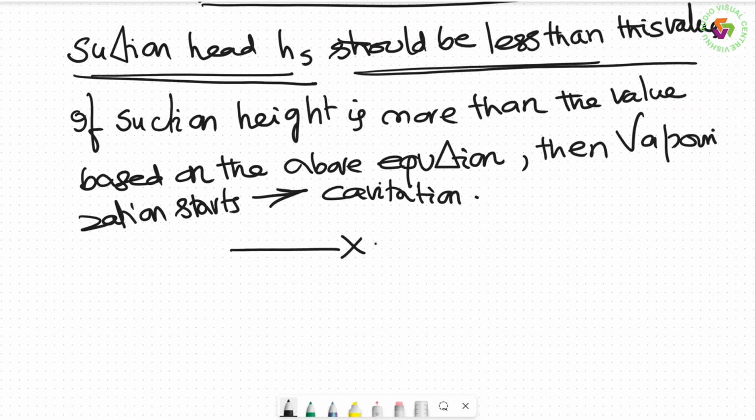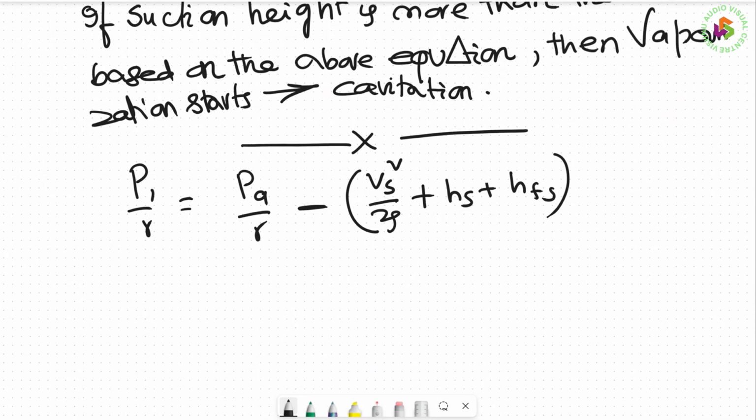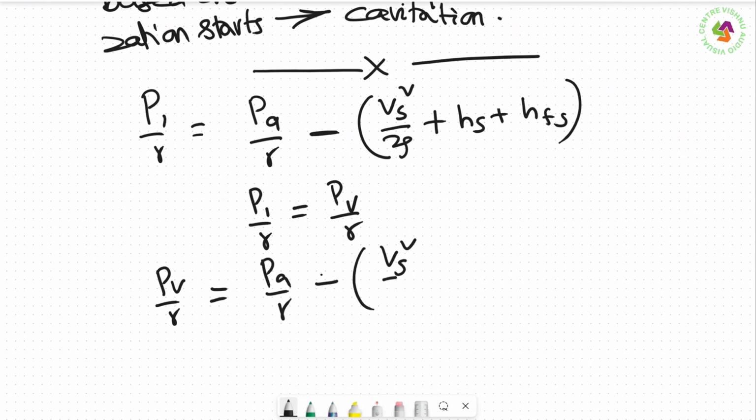So we have learned this from two angles. I showed you that the pressure at the inlet, P1 by gamma, is equal to the atmospheric pressure head minus Vs squared by 2g plus Hs plus Hfs.